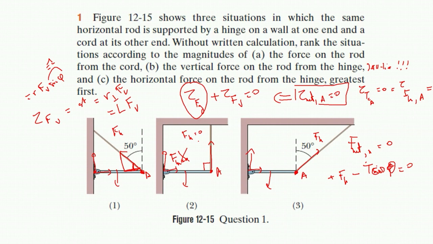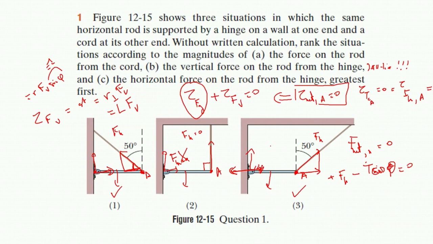In direction, this TC here is positive, so the F horizontal should be negative here. On the other hand, here TC is pointing in the negative X, so the F horizontal should point in the positive X. The F horizontal for case 3 and case 1 are equal in magnitude but opposite in direction.